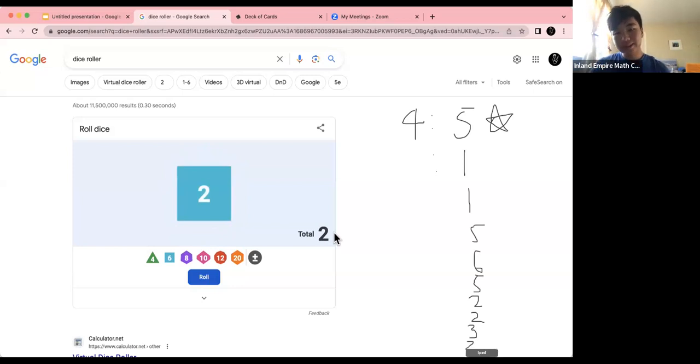Okay, so we're reaching the bottom of the page, but you can kind of see that it's actually more likely that it'll be smaller, right? It's more likely that it would be smaller because when you look at this, you have 1, 1, 5, 1, 1, 5, 6, 6, 5, 2, 2, 3, 2.